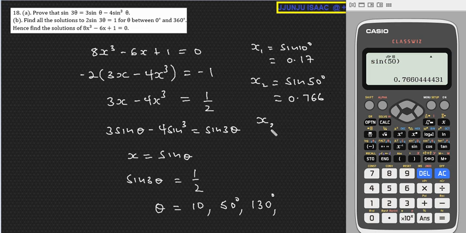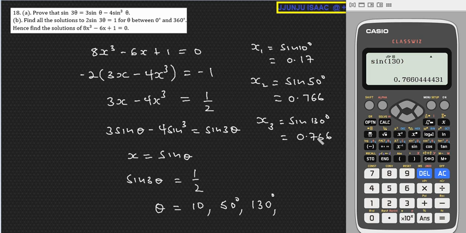And now the next root is going to be sine 130 degrees, which gives us 0.766, so it is repeated.